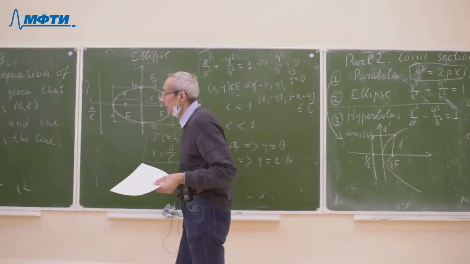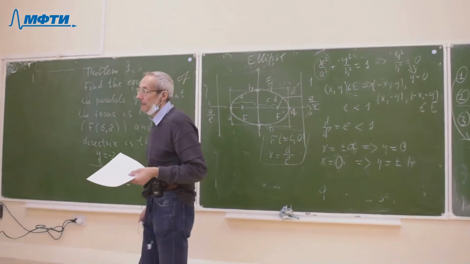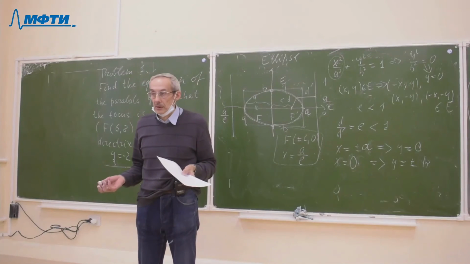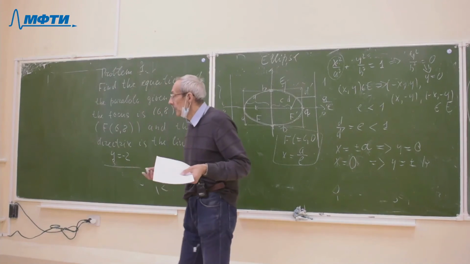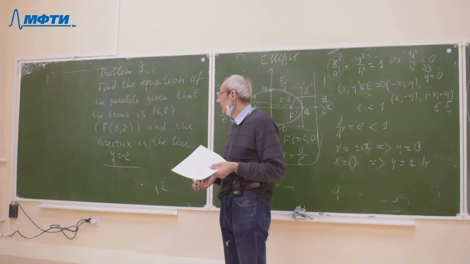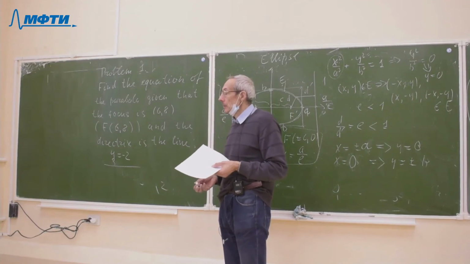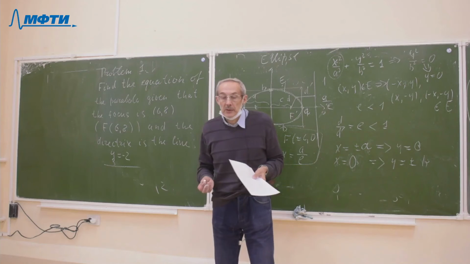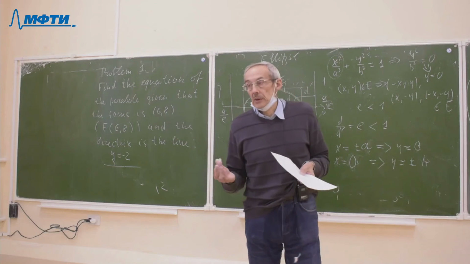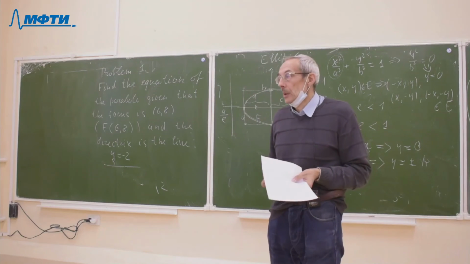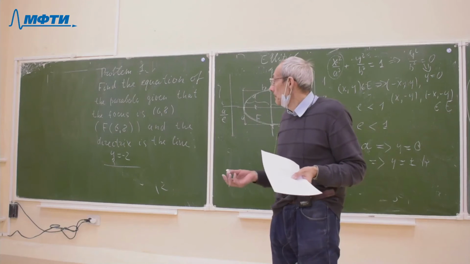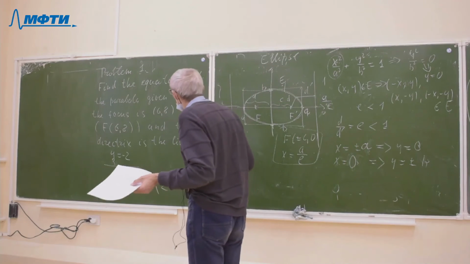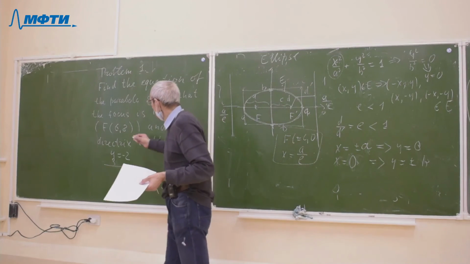But if we consider the parabola in an arbitrary coordinate system, we obtain another equation. We can assert only that this equation is a polynomial of degree 2, and that's all.